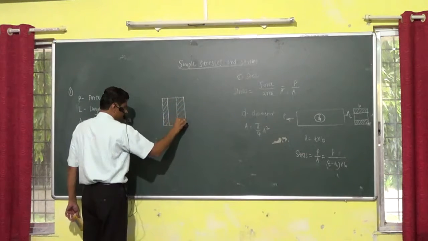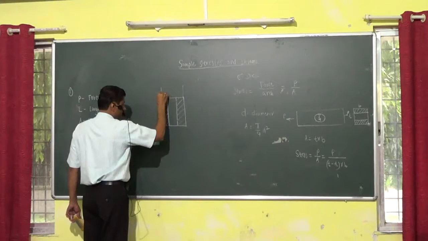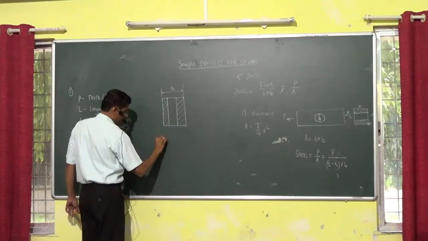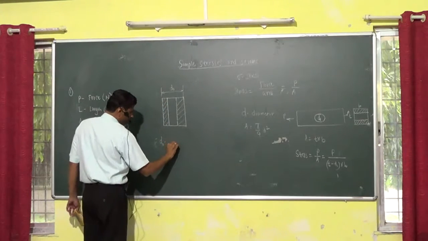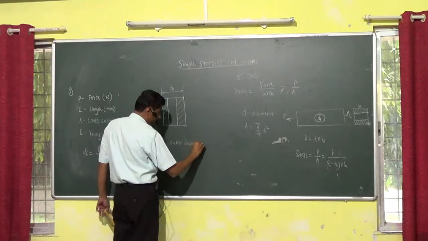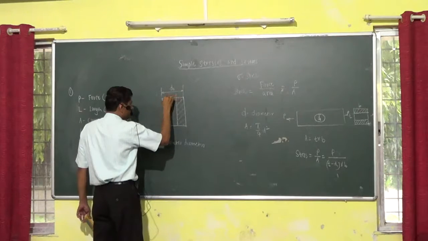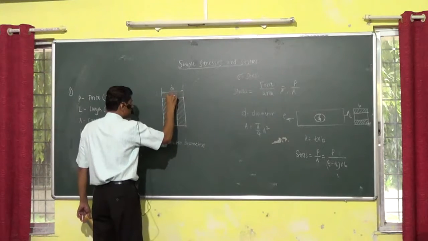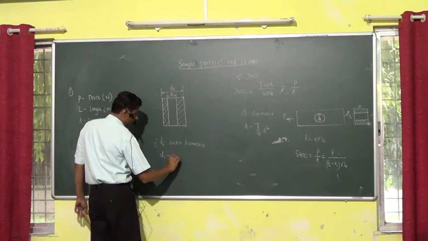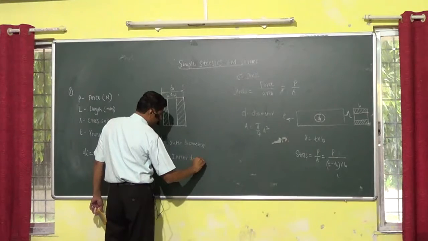Suppose this is the outer diameter, DO, and DI is considered to be the inner diameter.